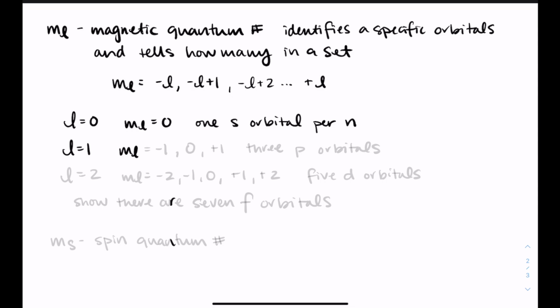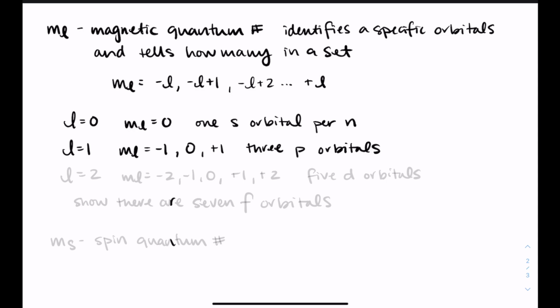One could be identified by the negative 1, one by the 0, and the other by the plus 1. Then the d orbitals, so L equals 2, range of negative 2 to plus 2. If you fill this in from negative 2 to plus 2, there are 5 d orbitals.